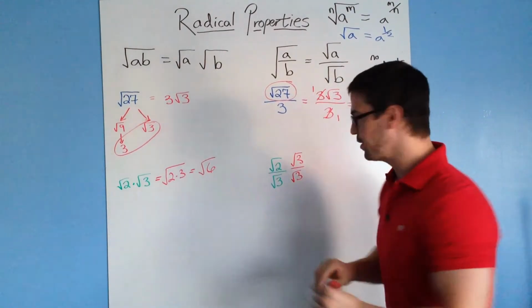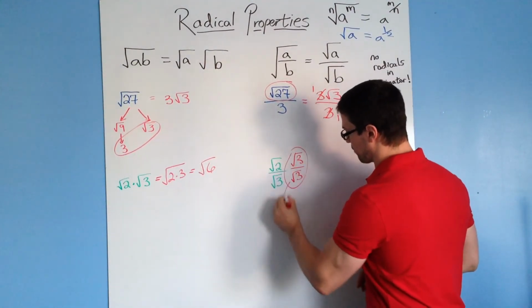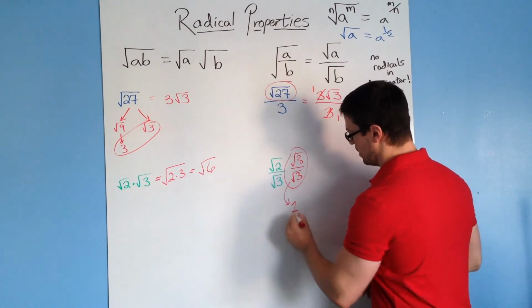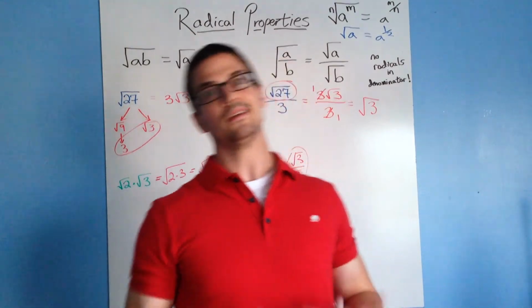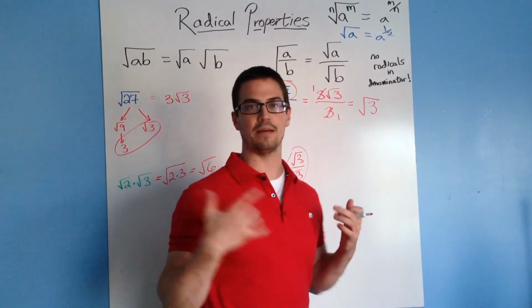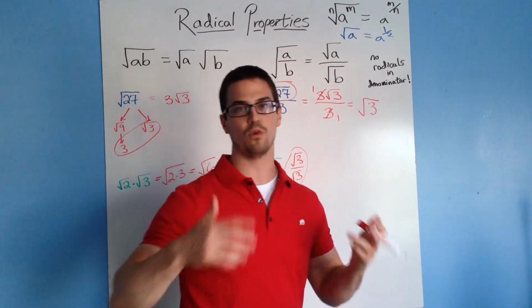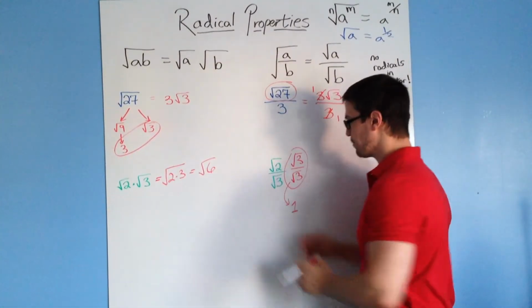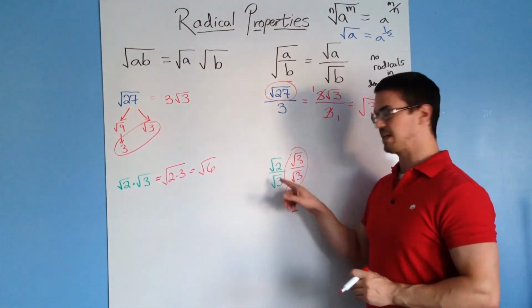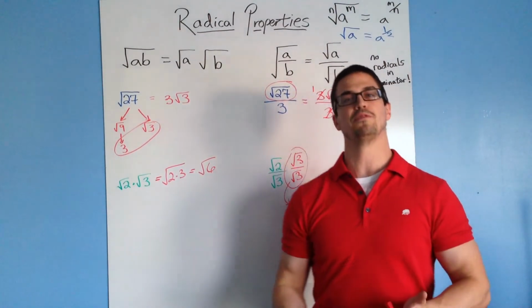Now the reason why we can do this is because root 3 over root 3 is equal to 1. So really we're just multiplying some number by 1. As you know, any number times 1 is the same number. So if I take 2 times 1, it's 2. If I take 3 times 1, it's 3. So if I take root 2 over root 3 times 1, you're still going to get the same answer, only it's going to be simplified.